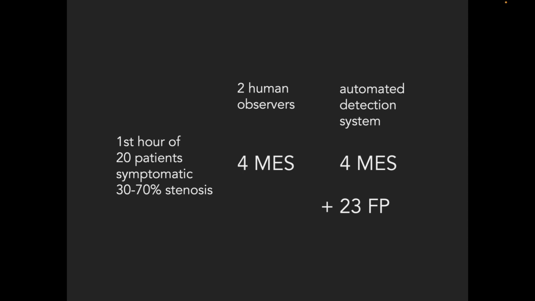This is a typical situation because it is very important that all true microembolic signals are detected. This will very often go at the expense of a rather low specificity. In other words, the system will detect false positive signals.